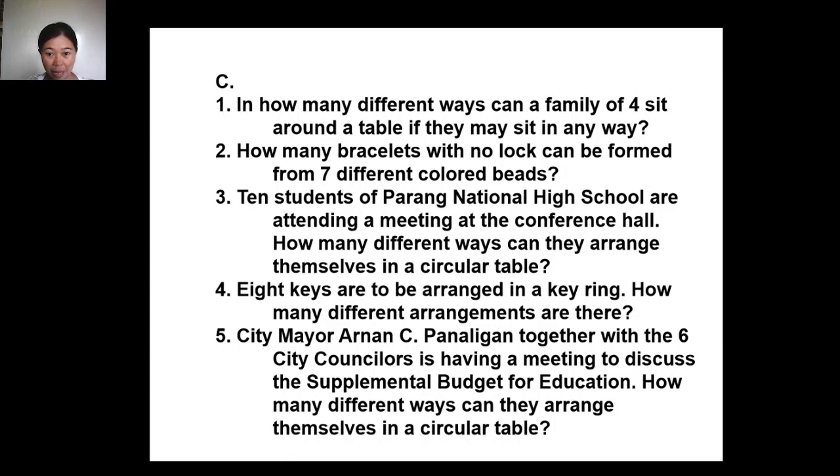And then number 5, halagay naman dyan, circular table. So, it means that for letter C, you're going to apply circular permutations. Okay. So, I hope na masagot nyo ng tama ang activities for week 2 under solving problems that involve permutations. So that's all for solving problem for permutations.